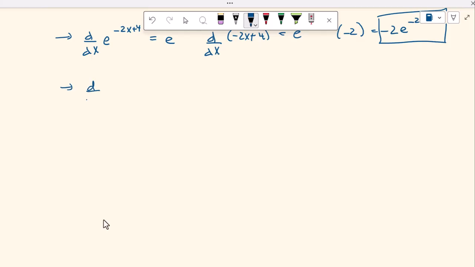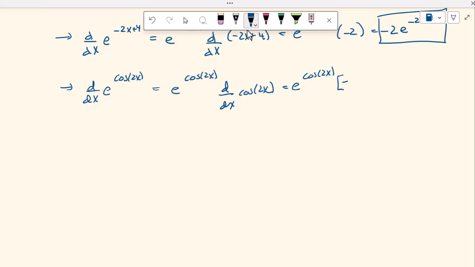Let's take a look at the derivative, and of course we want to involve trig functions as much as possible. The derivative of e to the u is e to the u prime. So then I would take the derivative with respect to x of e to the cosine of 2x. Okay, so that is my e to the u, and then my u prime, the derivative of the cosine of 2x, is negative sine 2x, and then the derivative of 2x.